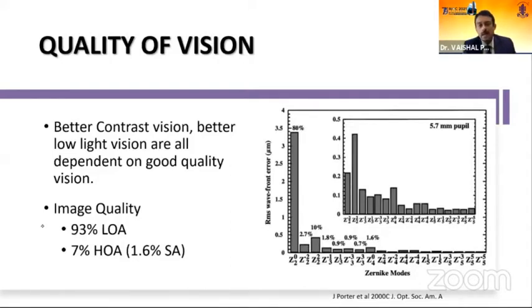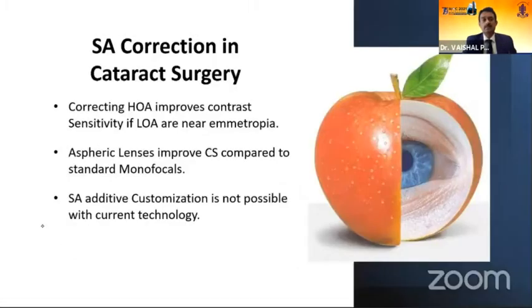Mind you, if you have not corrected the lower order aberrations, then there is no question of correcting higher order aberrations. So you require an eye to achieve post-cataract surgery near emmetropia. Then you can do the fine tuning and work on the higher order aberrations.